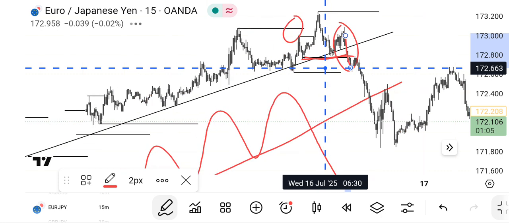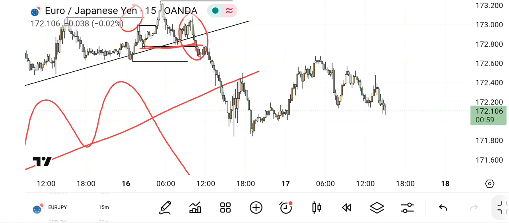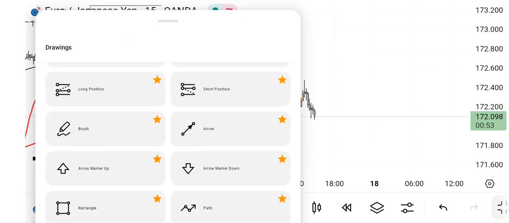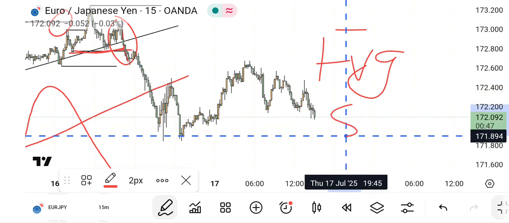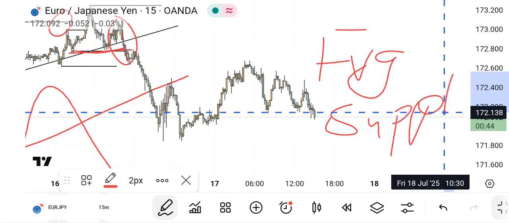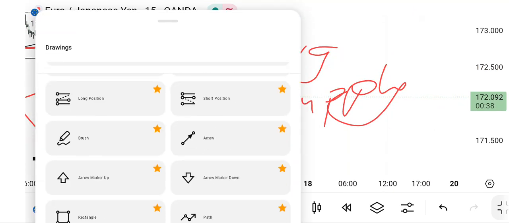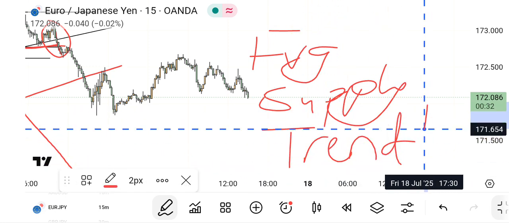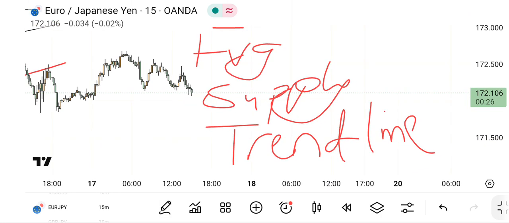If you are looking for a sell, you wait for the price to retest back to the fair value gap zone, the FVG, the supply zone, or to the trend line.